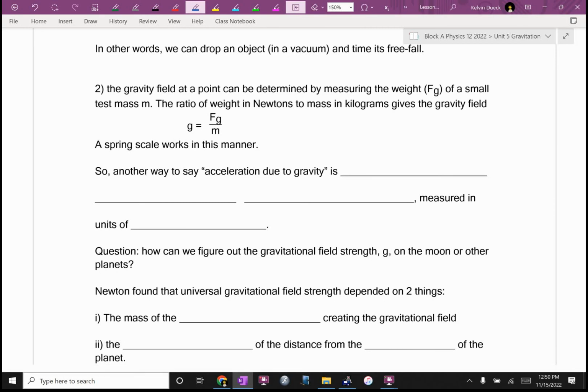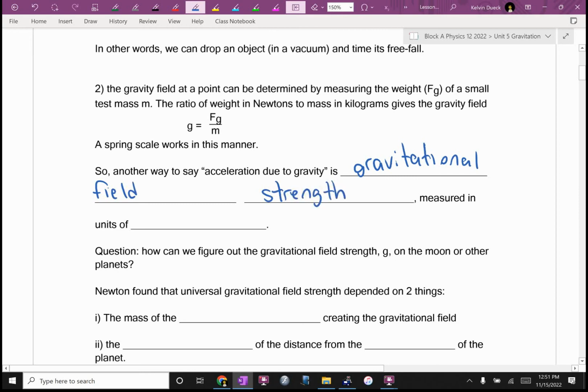Another phrase for acceleration due to gravity is gravitational field strength. You could say gravitational field strength was measured in meters per second squared, but I'm going to say it's measured in newtons per kilogram, because it's really the one that comes out of F equals ma, and we get the a by itself, newtons per kilogram, which also has to be meters per second squared because they're both accelerations.